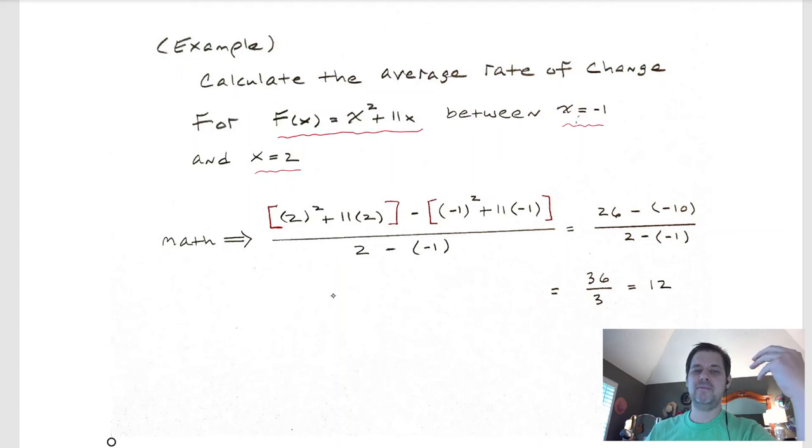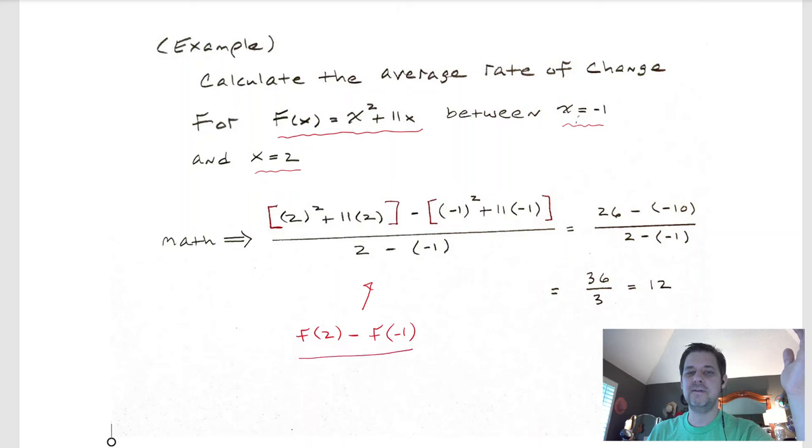So that formula that I just read, here's my math, but it says that we should do this: f of the larger number, so f of 2, minus the function value at the smaller number, that'd be -1, so f of 2 minus f of -1, over the larger number 2 minus the smaller number, which is -1.